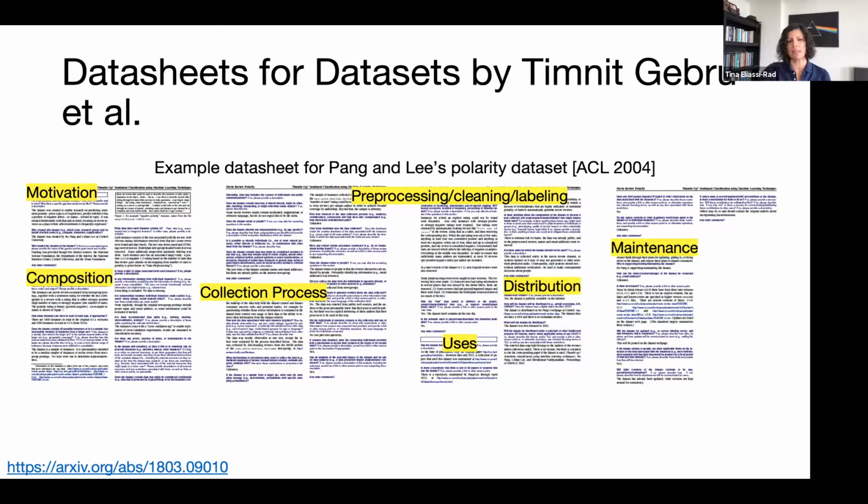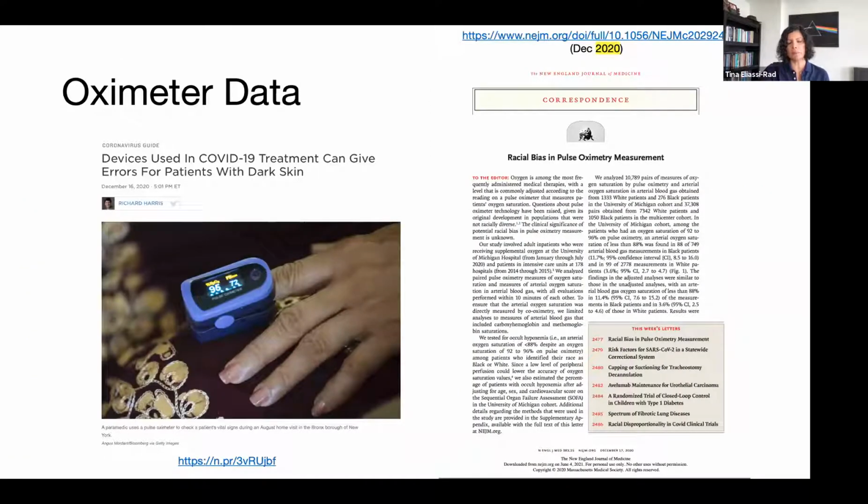But we need to have professional norms where we actually do have these kinds of long form birth certificates for our data sets. Why this is important, in addition to everything that you have heard, there are these historical issues. So back in December, there was this story that the oximeters that we're using for COVID, right, to see how much your body regulates oxygen, don't work very well in dark-skinned people.